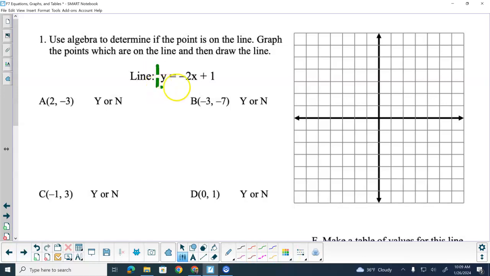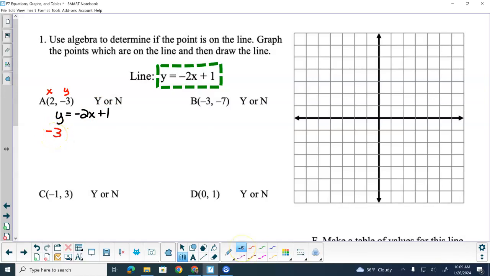So here is the equation of our suspected line. We're then going to say that x is going to be 2 and y is going to be negative 3. And so what we're going to do then is plug those values back into our equation.